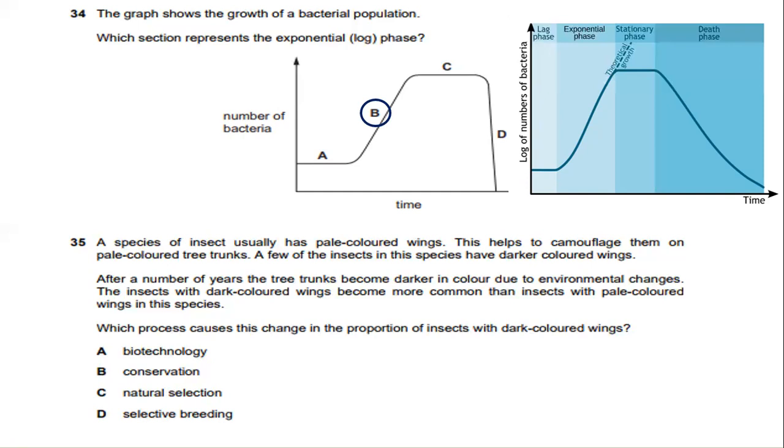Which process causes this change in the proportion of insects with dark colored wings? Natural selection is the process through which populations of living organisms adapt and change. This variation means that some individuals have traits better suited to the environment than others. This is the most suitable answer for question number 35.